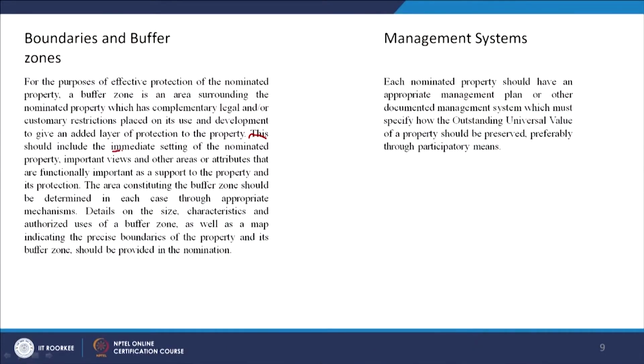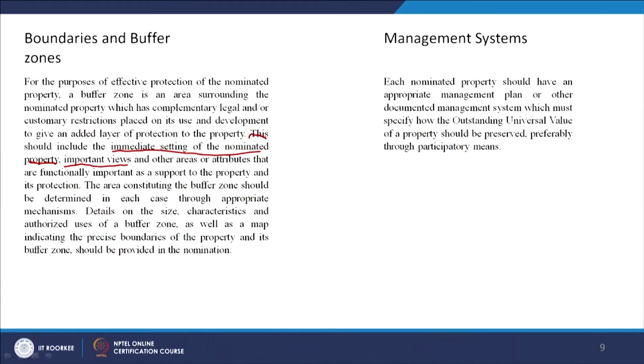It could include the immediate setting of the nominated property, because for instance, if we are talking about Bhojpur, it is not just the temple, but the immediate setting which has many rich evidences like the mounds which they identified, or some of the inscriptions which are on the rock inscriptions of the map. So they are all within the immediate precincts. So still some more research has to be done.